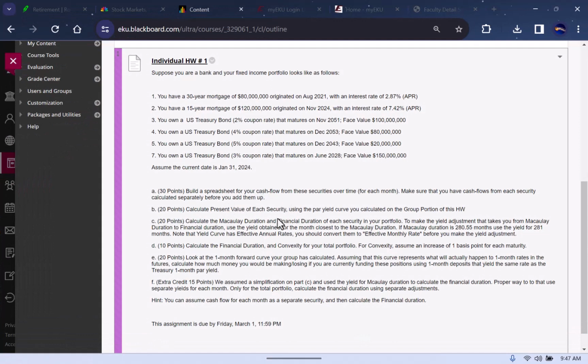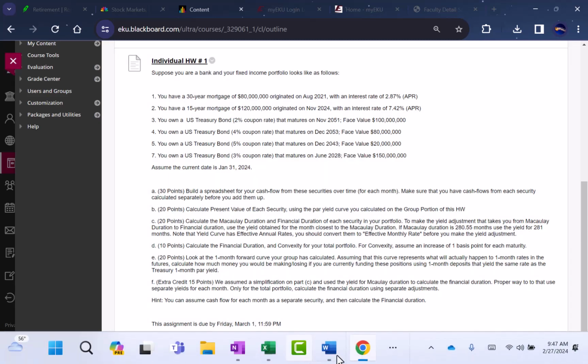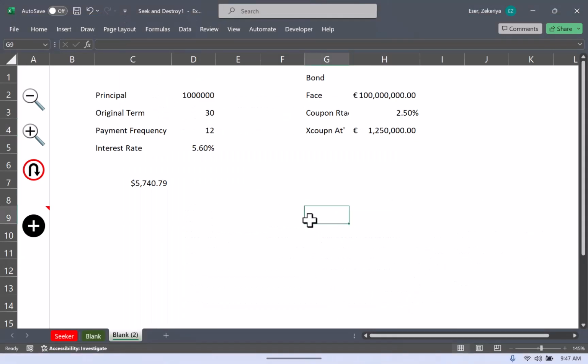Part B, using the par yield curve, calculate their present value. So let's say 287 months from now, according to this cash flow, this mortgage is going to pay you, what was the 80 million? 287 months from now, this mortgage is going to pay you 331,700, right?